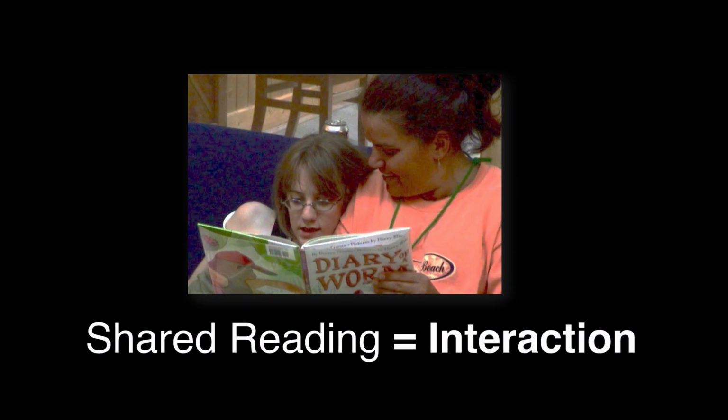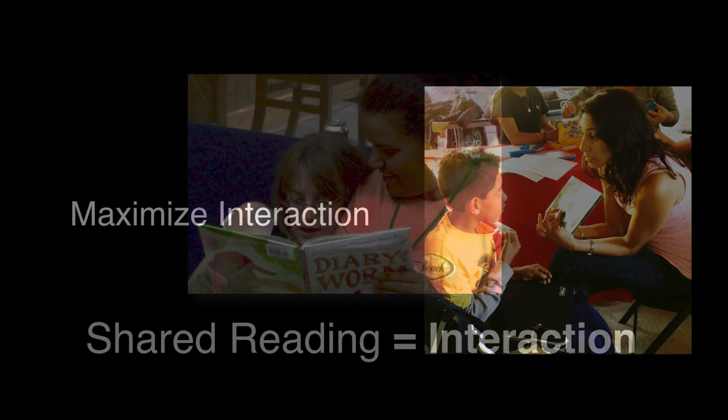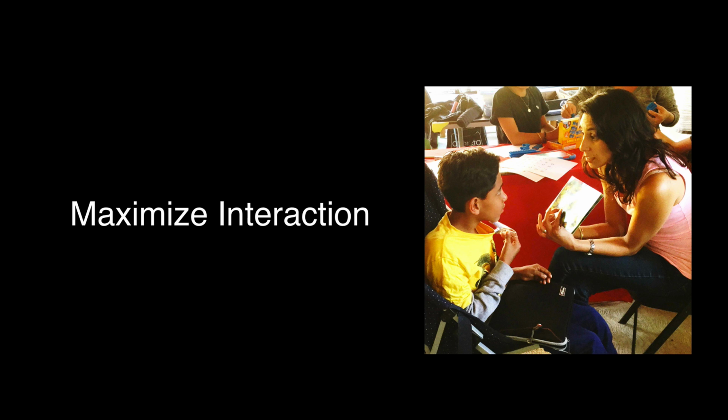Shared reading is a type of reading that focuses on the interaction that happens between an adult and a student or a group of students while reading together. The goal of shared reading is to maximize student interaction with the adult and other students.